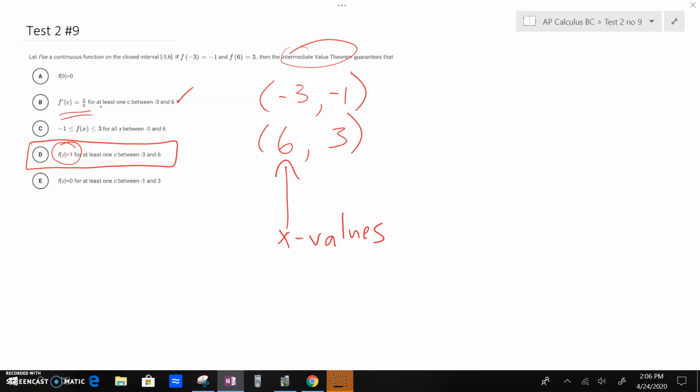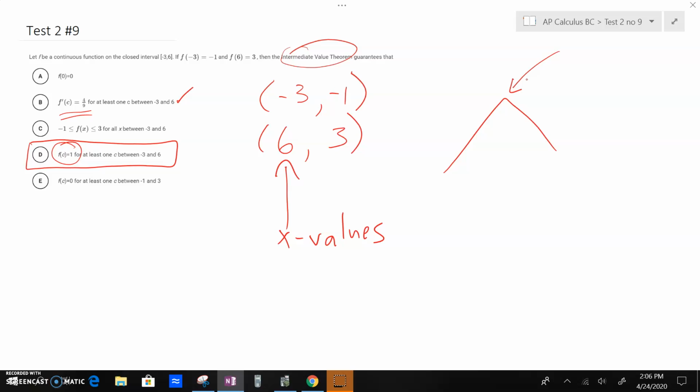For mean value theorem to work, even if they hadn't asked for intermediate value theorem, it also has to be differentiable. It's not enough for it to be continuous, it needs to be differentiable everywhere. That's a small point, but you could have a function with a cusp or a point where you can't take a derivative, and your average slope ends up being 4/9, but you don't actually find anywhere where 4/9 exists.